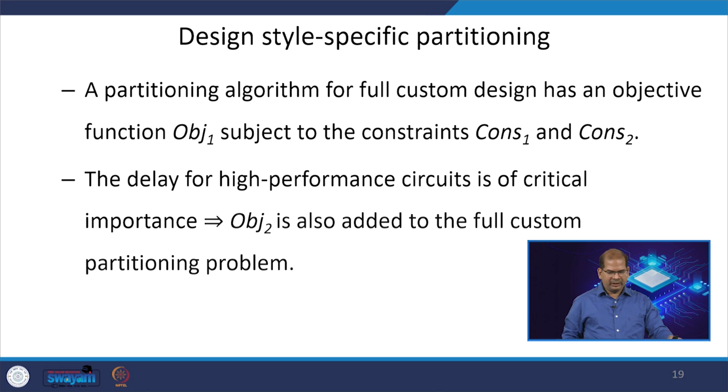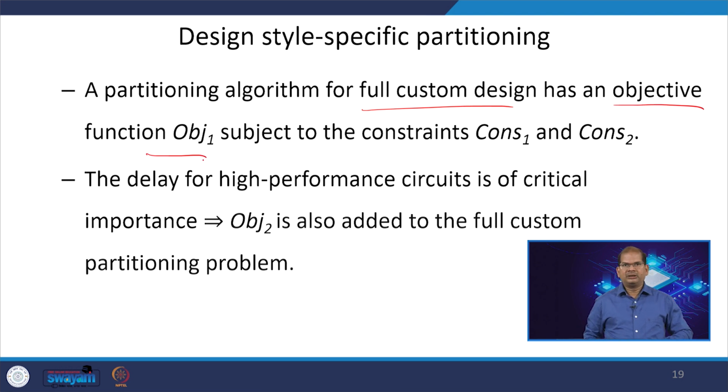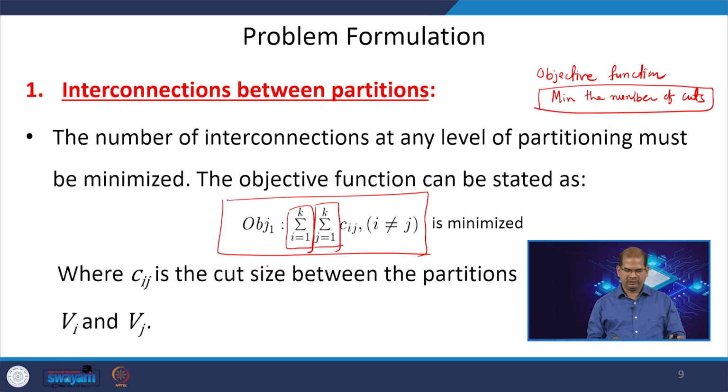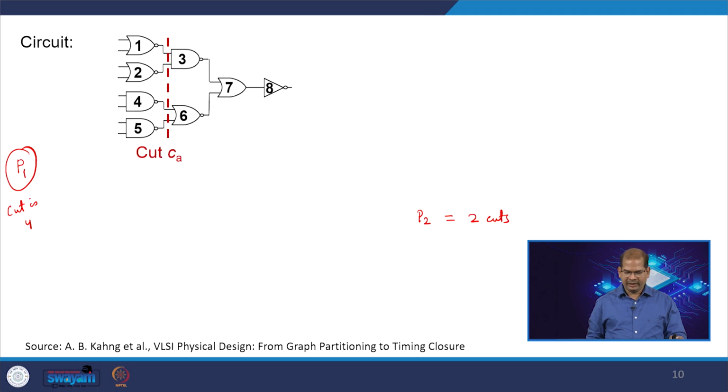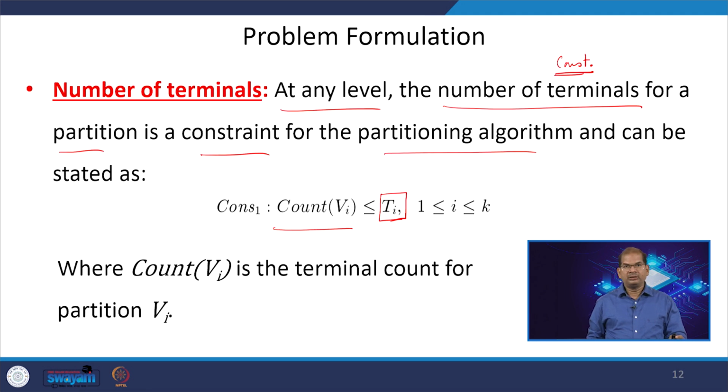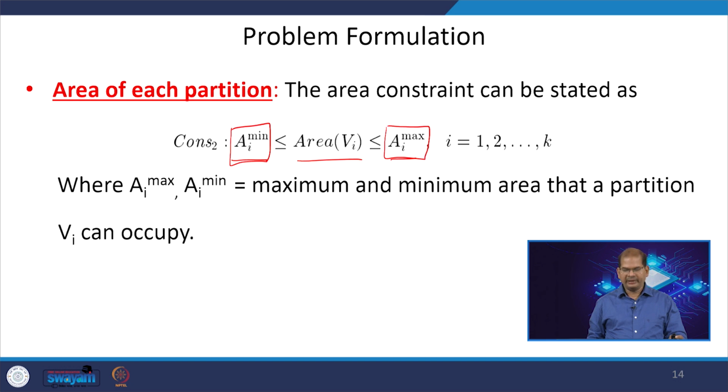So, in case of a partitioning algorithm using full custom design style, I have to satisfy objective 1 and constraint 1 and constraint 2. What is objective 1? Objective 1 is basically the interconnection between the partitions, so I want a smaller number of cuts. This I need to satisfy, along with constraint 1, the number of terminals, and the area constraint. These two things I need to consider in case of full custom design style.